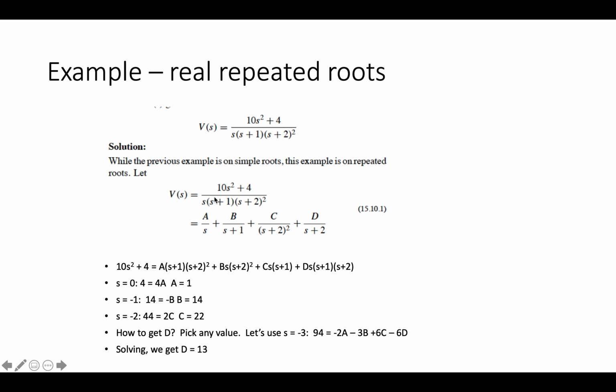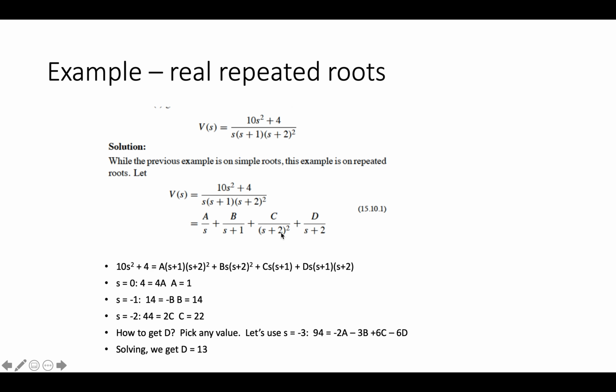So first of all, we'll take our first term, A over s, and then we'll take B over s plus 1. And then we're going to start with a squared term. So we'll have C over (s plus 2) squared, and then we'll start with the single term D over s plus 2. The reason you have to do this is you don't know when this rational function was constructed.